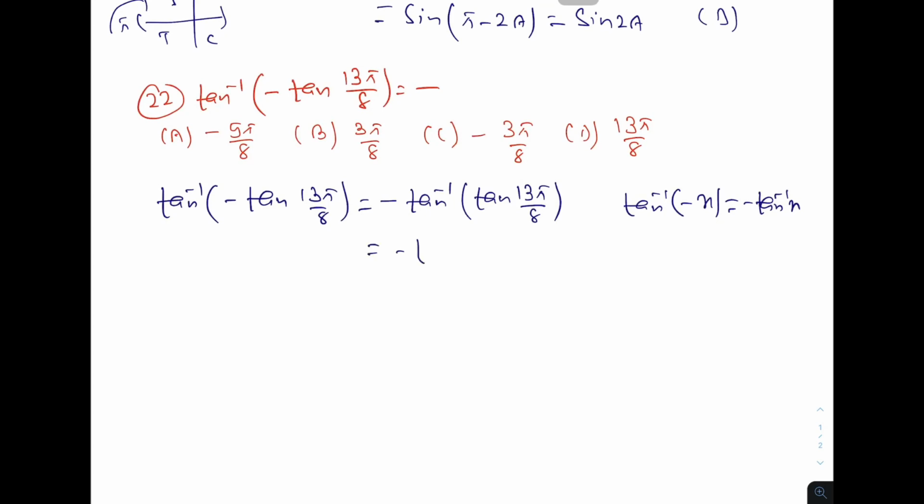Now this one is minus tan inverse. Now this 13 pi by 8 is not in the interval minus pi by 2 to pi by 2. So we need to make the adjustment, and that is not difficult. This is the tan of, can we write like this, 2 pi minus 3 pi by 8.